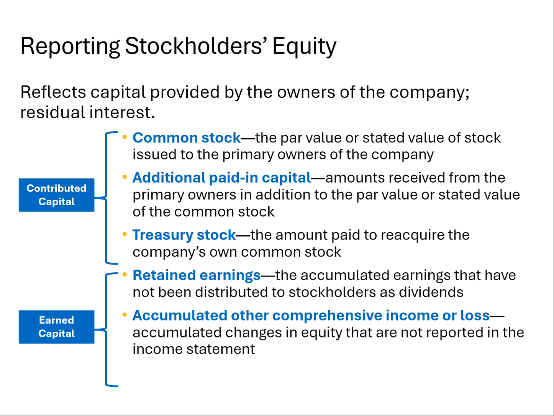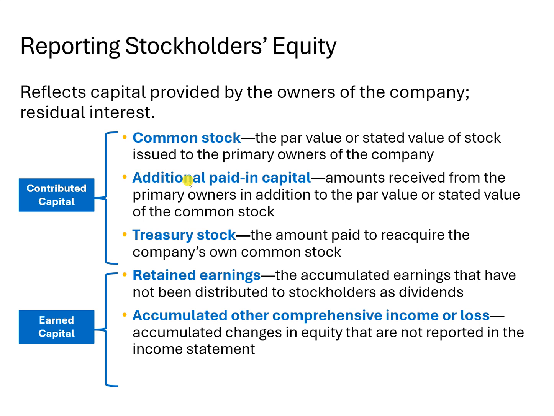Reporting stockholders' equity. In stockholders' equity, we have two sections. We have contributed capital. Those are investments from shareholders, and we have retained earnings. So first we have common stock. Those are the par value of the stock issued to the common stockholders.